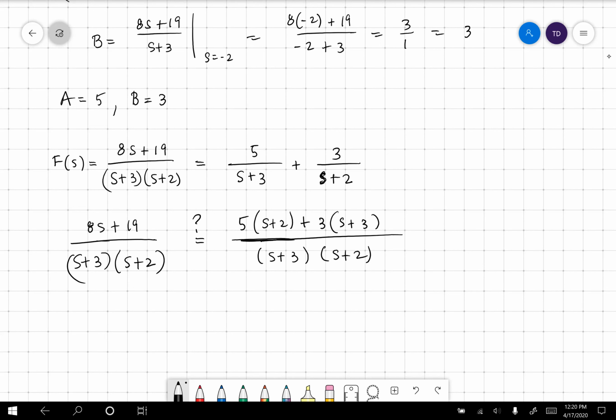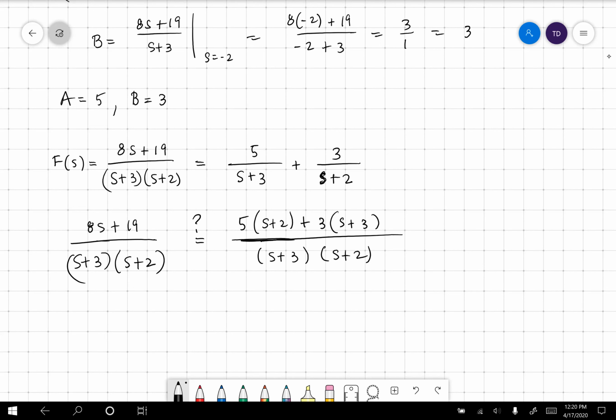This is how we write it. A equals (s plus 3) times f of s, evaluated when s equals minus 3. B equals (s plus 2) times f of s, evaluated when s is equal to minus 2.